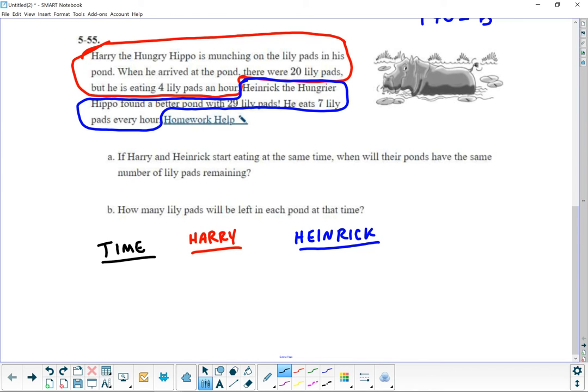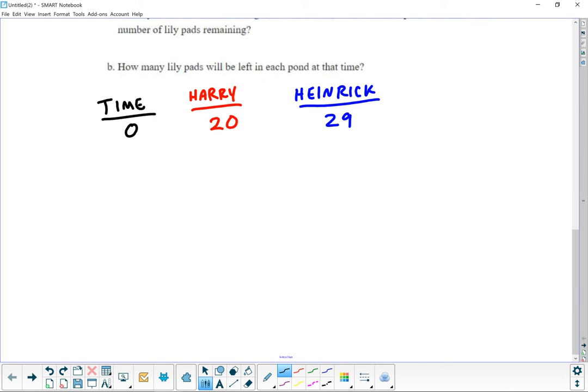Well, actually, yeah. So Harry's pond has 20 lily pads, right? Harry starts with 20, and Heinrich starts with 29. Okay, so with 0, this is the beginning. If no time has gone by, they each have their own respective lily pads, right?